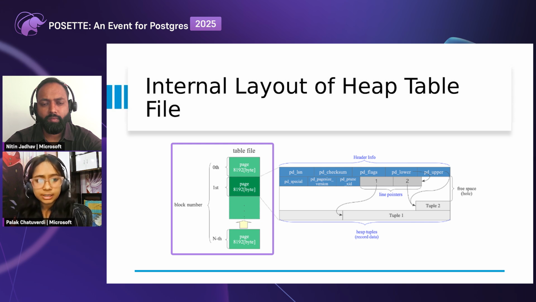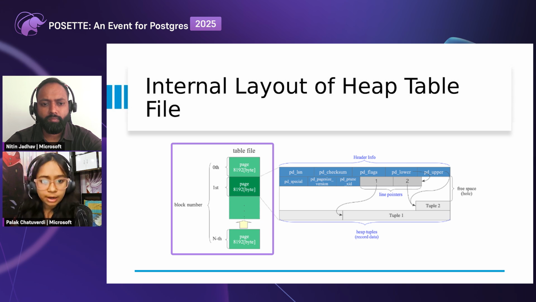Each block is 8 KB in size, and as the data increases, Postgres keeps adding new blocks to it, and the size of the file increases. The maximum size of the file is 1 GB. After 1 GB, a new file is added with .1, .2, .3 extensions. So that is the maximum file size we can have.